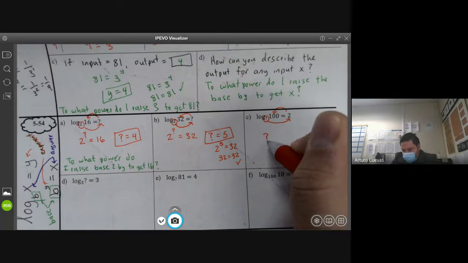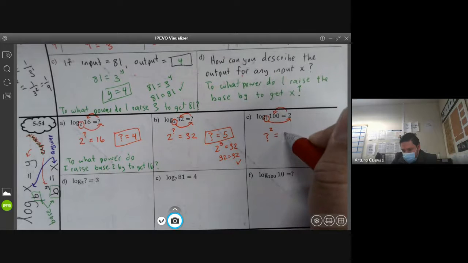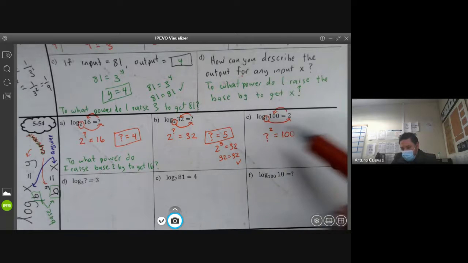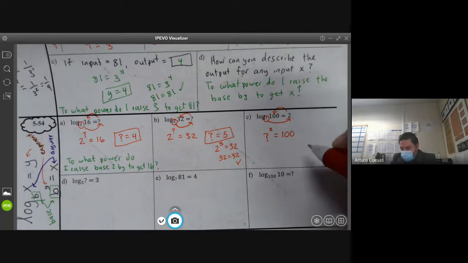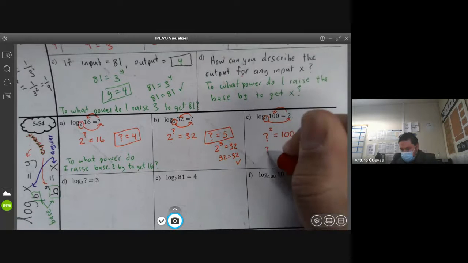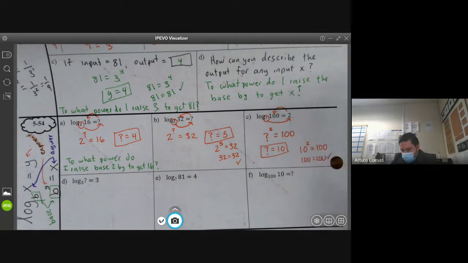Question mark to the power of 2 equals 100. So what does question mark have to be? 10. Because 10 squared equals 100, right? 100 equals 100.